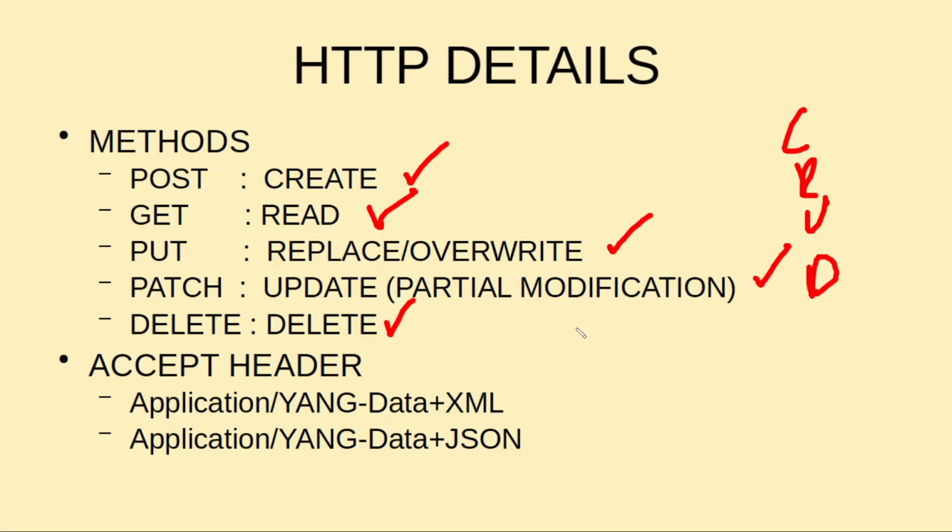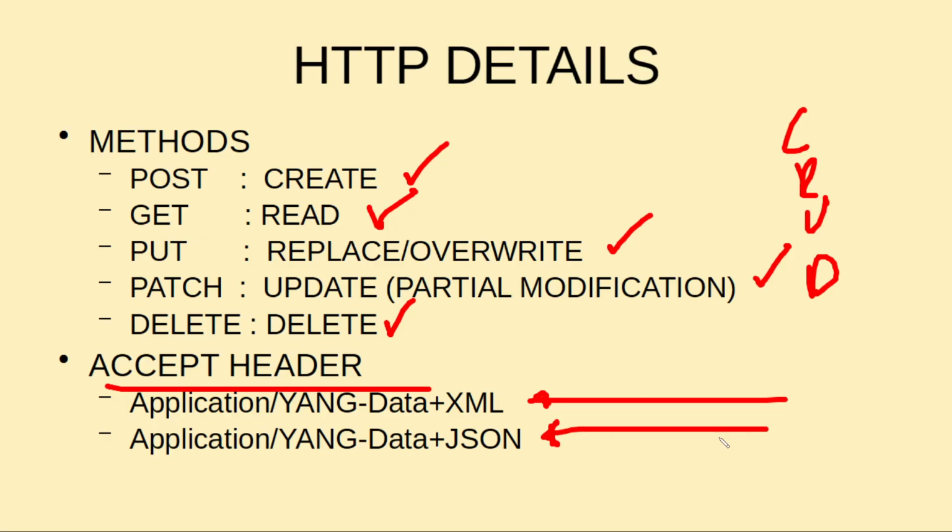And within all the headers that we need to build for Restconf when working with NETCONF servers, we will always have to make sure that the Accept header is set to either application/yang-data+xml or application/yang-data+json, depending on whether we are using XML or JSON in our remote procedure call.